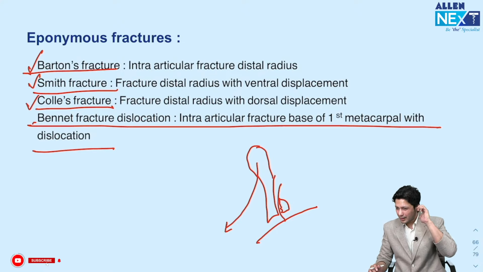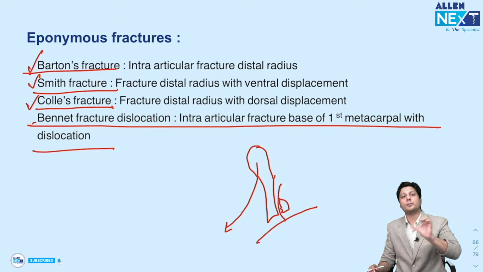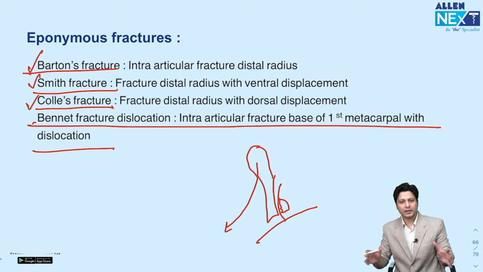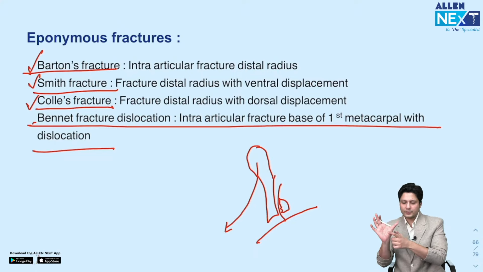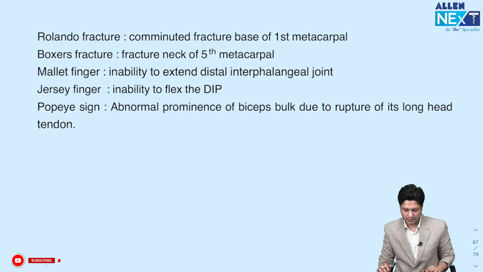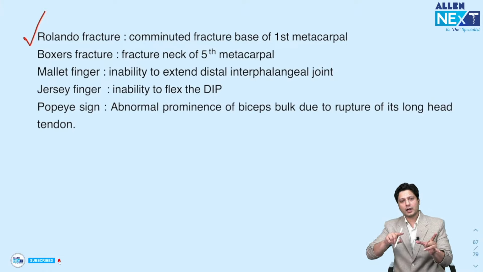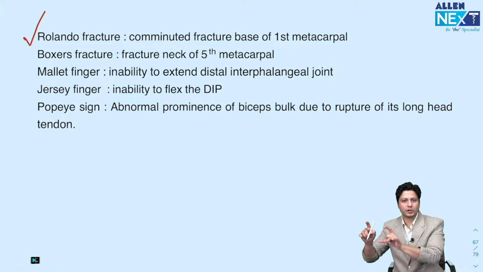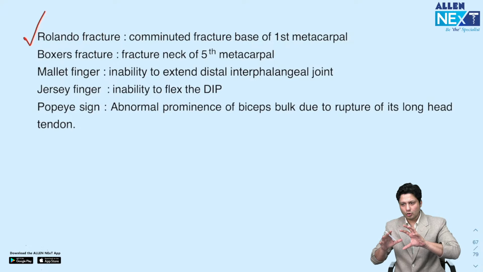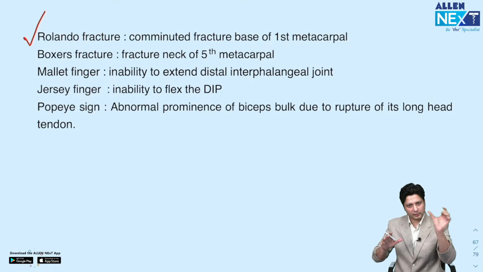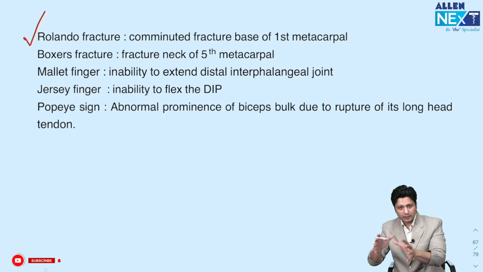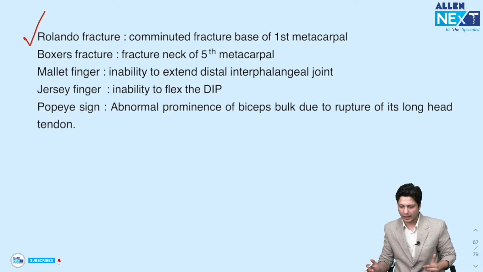But there are theories that the dislocation is not because of this muscle. Anyway, there is a dislocation which happens. So this is Bennett fracture dislocation, base of the first metacarpal, intra-articular fracture. Then Rolando fracture is a comminuted fracture of the base of the first metacarpal. Simple. So intra-articular fracture of the base of first metacarpal is Bennett. If it is comminuted, broken into multiple pieces, it is Rolando.